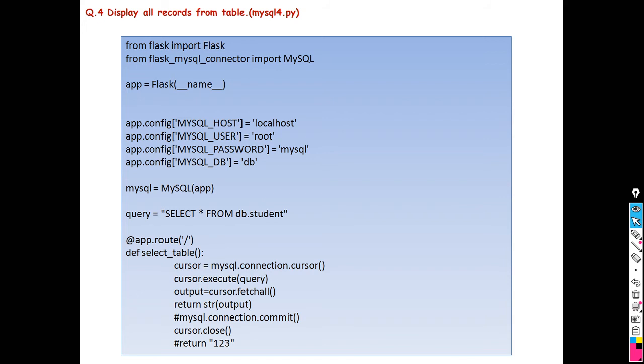So we can display it in any format. We can display it in table format, we can display it in grid format, but here we are going to display the output only in a simple format, meaning it should be printed on the browser itself. Okay, so what changes do you have to make here?